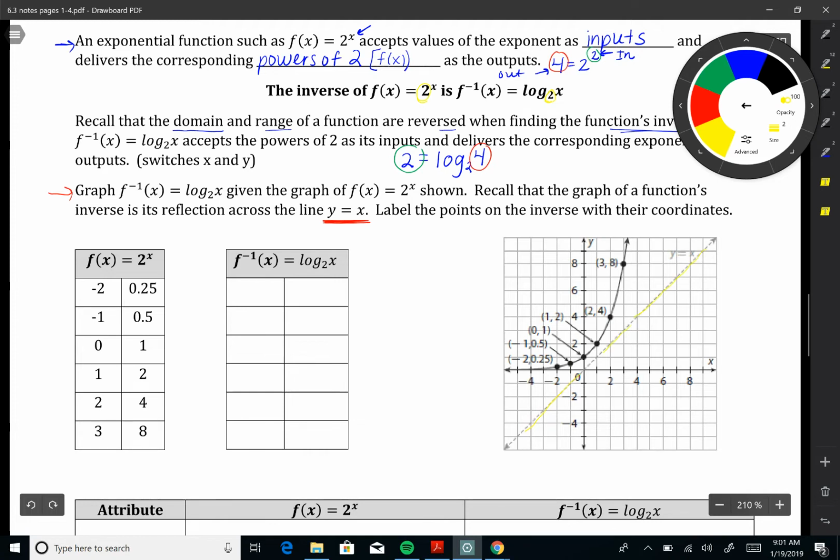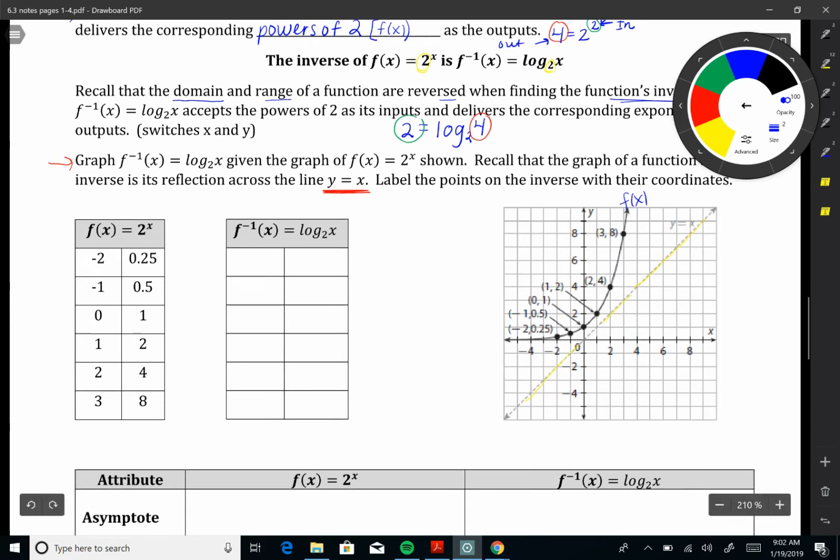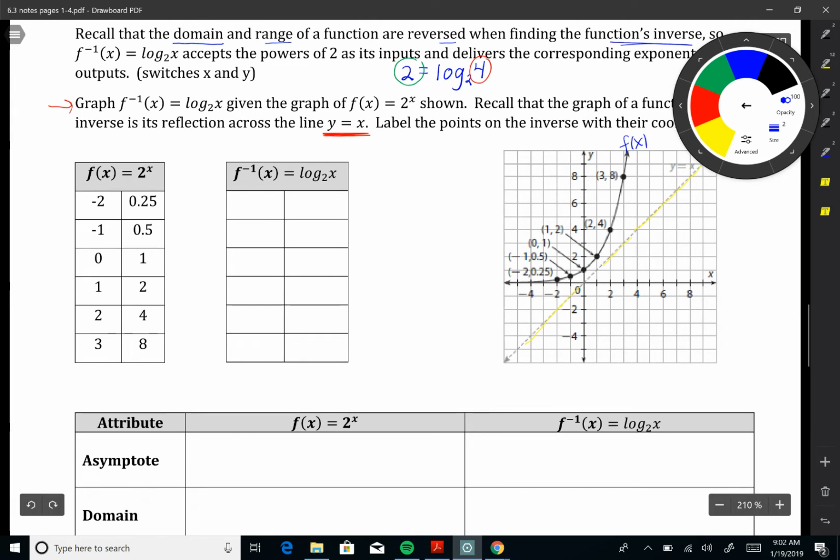I first want to review f of x equals 2 to the x. We've taken a quiz over exponentials, but let's talk about all of its attributes and then look at this table here on the left. F of x equals 2 to the x is graphed already, and the table is filled out. When I put negative 2 in, 2 to the negative second, I got out 0.25. We like fractions.